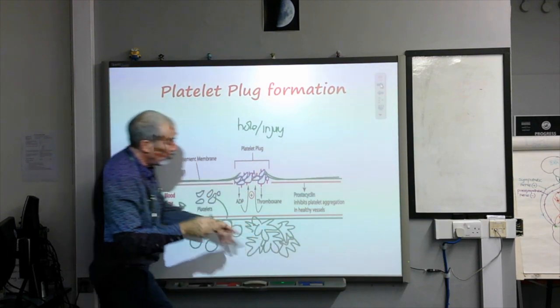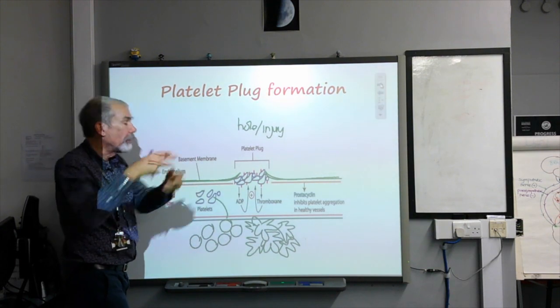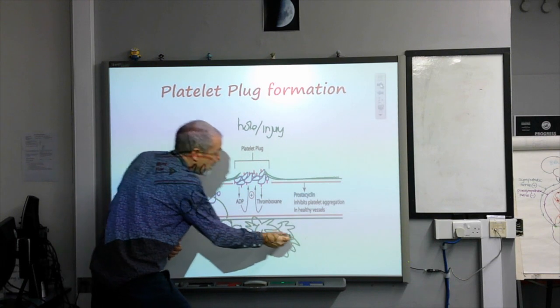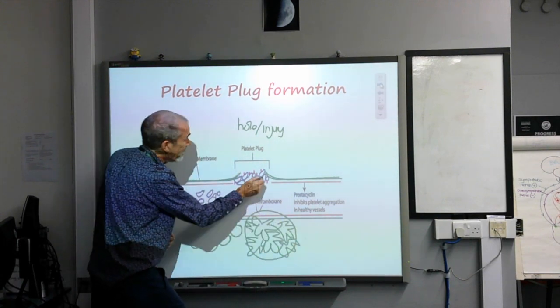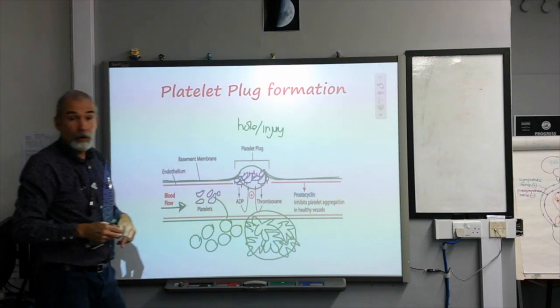And because they've got all these different shapes and projections, it means that they can lock together like a really ill-fitting piece of a jigsaw. It is these that basically block that hole. That is the platelet plug.